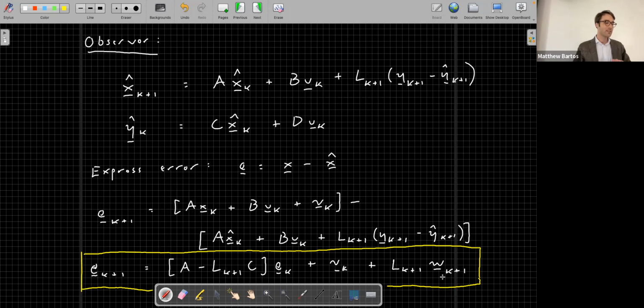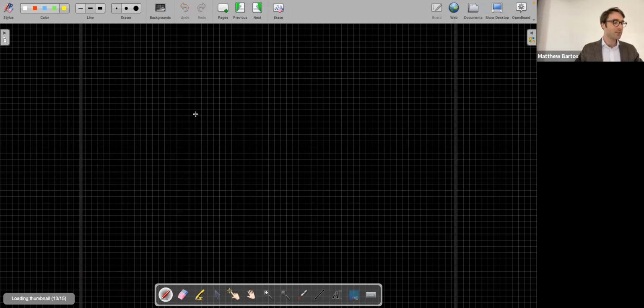So we're going to set up an optimization problem to minimize the mean squared error. For Kalman filtering, or for LQE, we can set up the following optimization function.